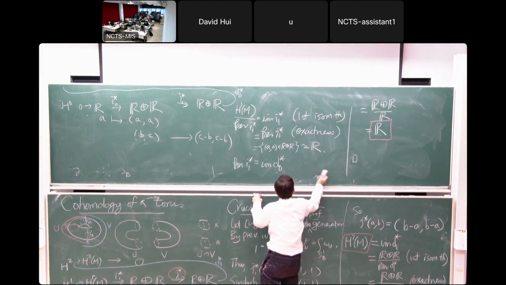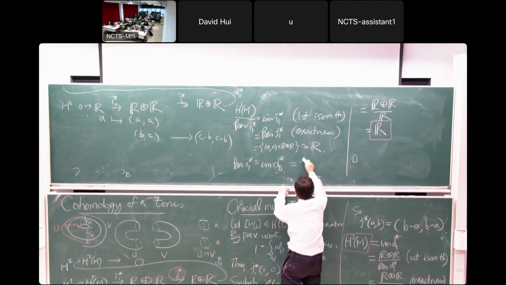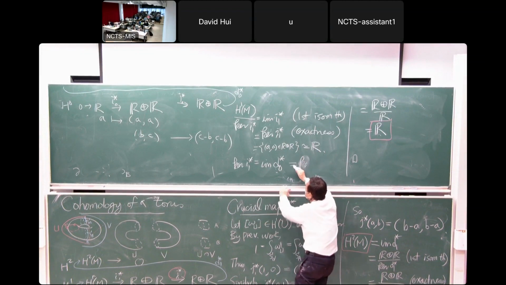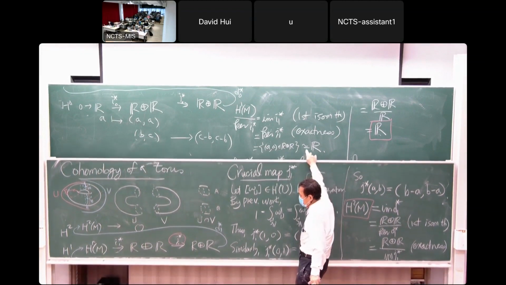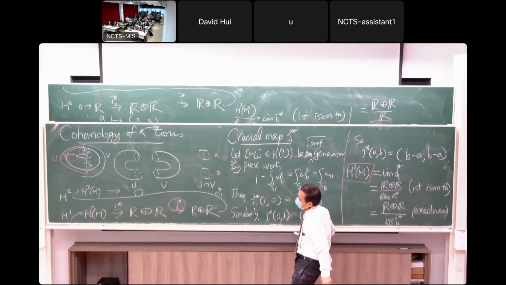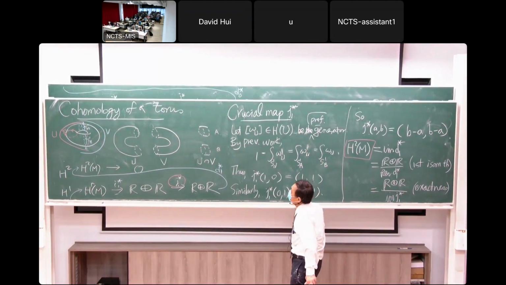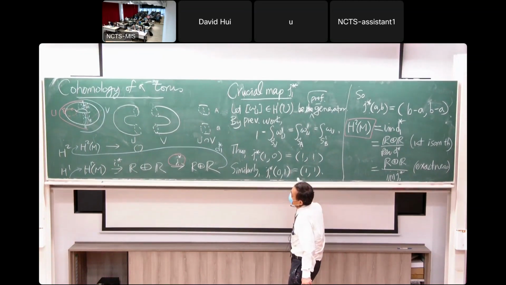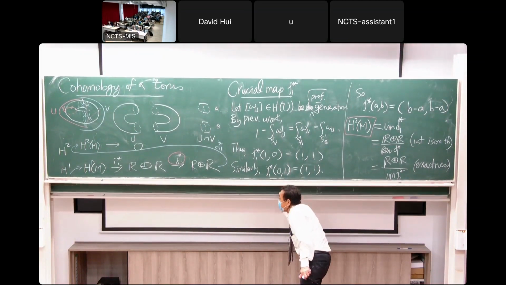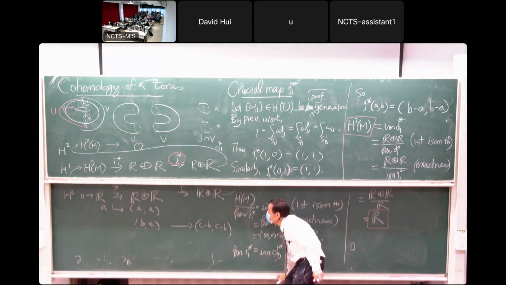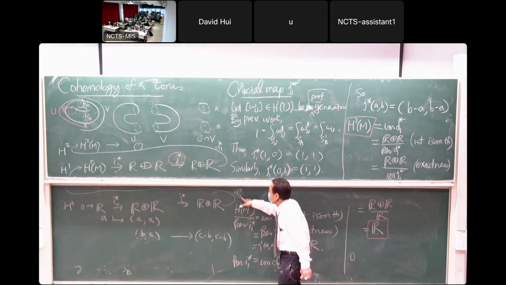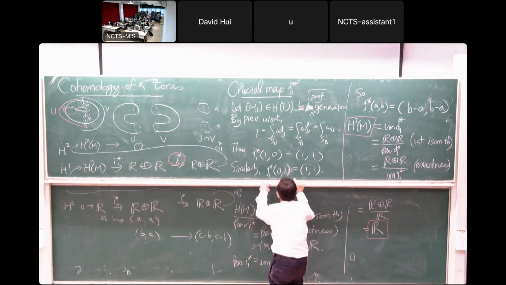And the image of D0 star is the domain over its kernel.